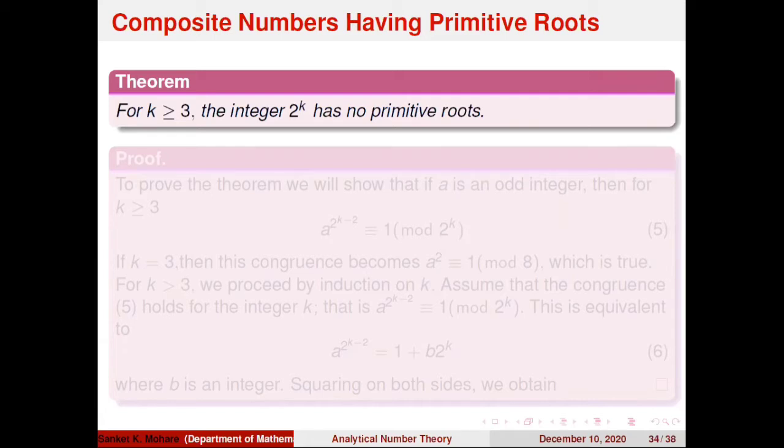This we have to prove. What is k here? k greater than or equal to 3 means 2 cubed, 2 to the power 4, 2 to the power 5 and 2 to the power 6. All these are composite numbers that have no primitive roots. So remember that not every composite number has primitive roots.